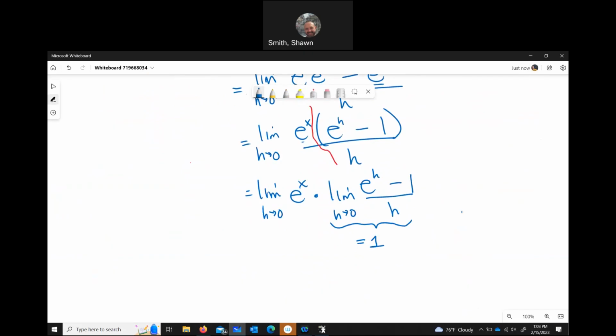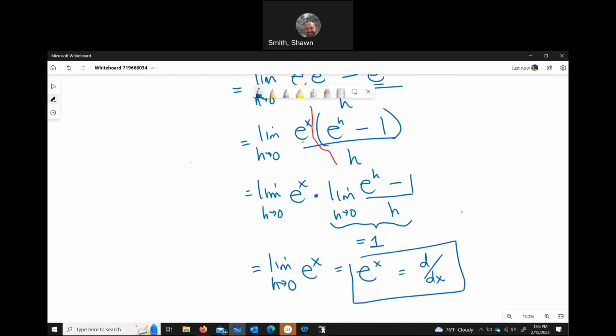So now we're just looking at the limit as h goes to 0 of e to the x. But there's no h, so this is the function itself, e to the x. So that's your derivative of e to the x. The derivative of e to the x is e to the x, the same exact thing.